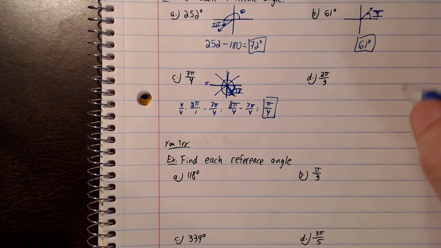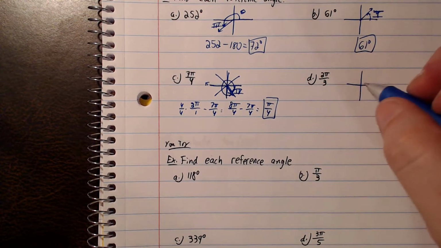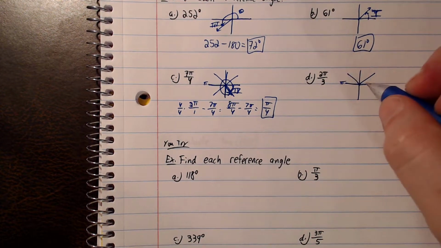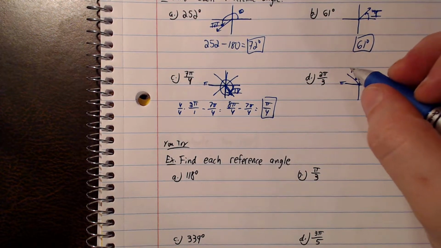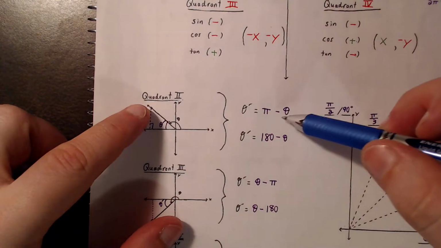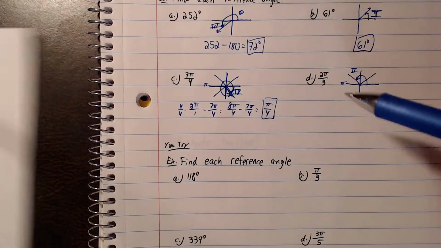Last one, 2 pi over 3. Let's see, here's pi. That's 1 pi over 3, 2 pi over 3. Quadrant 2. Okay, quadrant 2. That's this one up here, working with radians. We want pi minus theta.